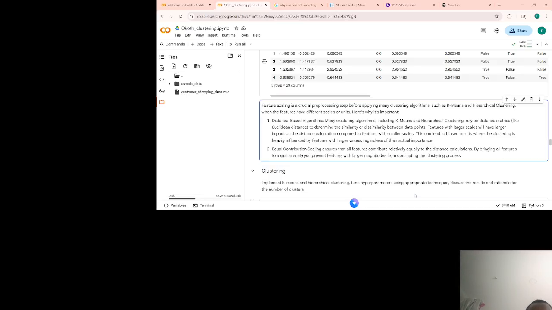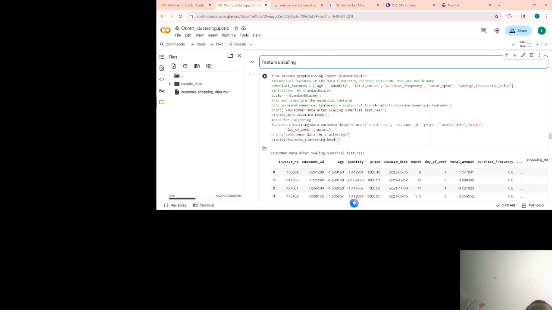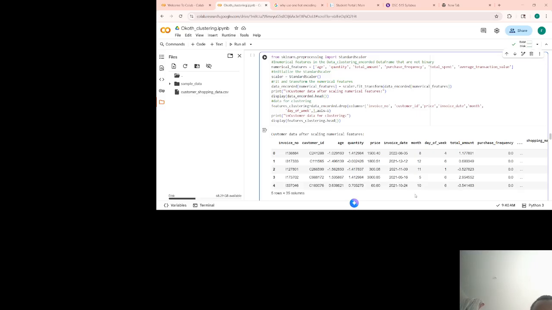After that is done, we did some feature scaling, and this was done using a standard scaler.